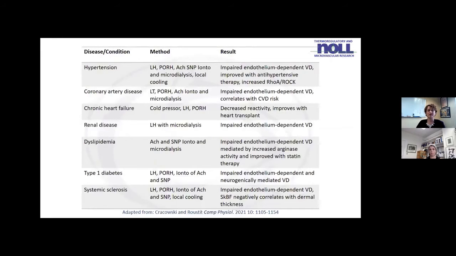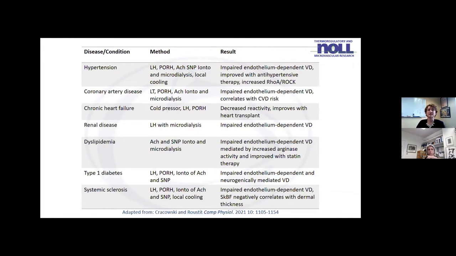So this table, and this is by no means a complete table, just shows a few examples of the different diseases and conditions that have been examined utilizing intradermal microdialysis. It looks at different methods, from local heating responses to reactive hyperemia, and then also direct delivery of the endothelium-dependent agonist acetylcholine and the endothelium-independent NO contributor sodium nitroprusside, through either microdialysis or application with iontophoresis.